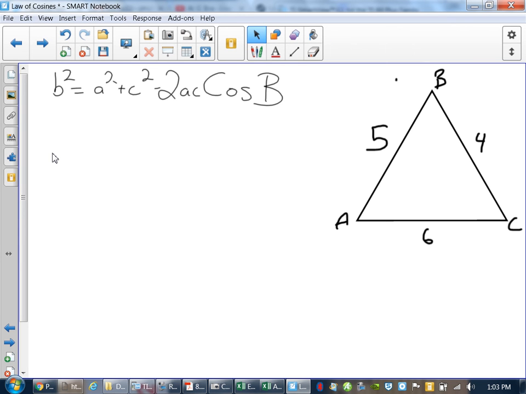Before I get into that, I want to remind you guys of something. Take the equation 15 equals 18 plus 3 minus 2x squared.